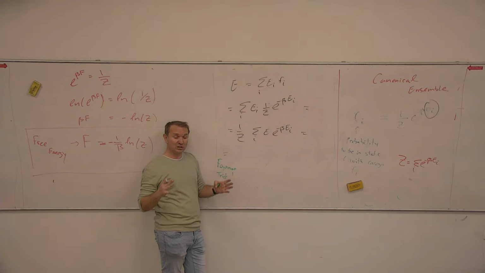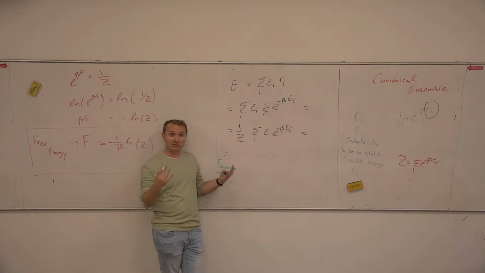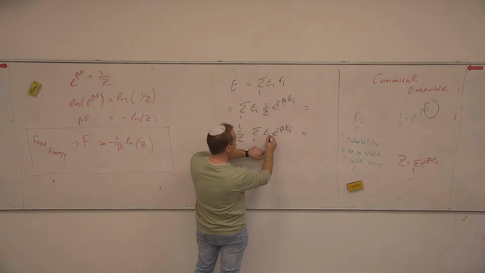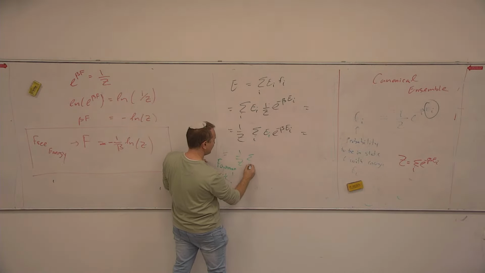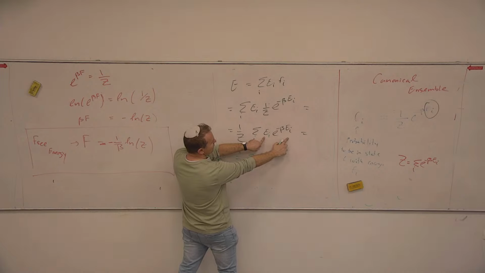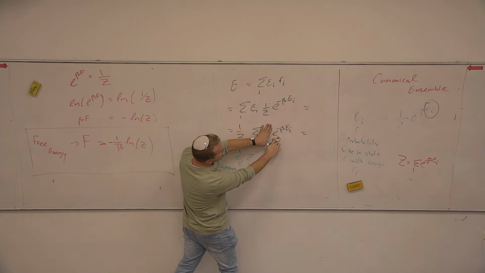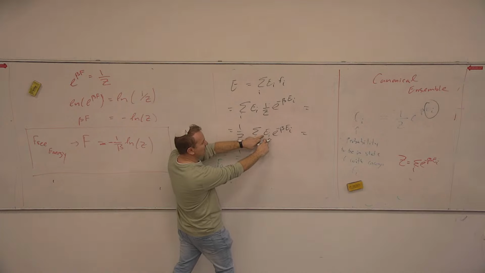You take a derivative of something, you present whatever you're integrating as a derivative with respect to some parameter. So I'm looking at this, I have 1 over Z, E_i. If I take the derivative of this with respect to beta, and I multiply it by minus, I will have E_i over here.